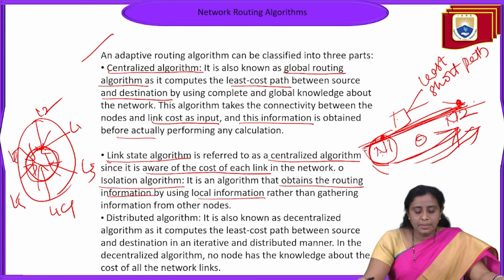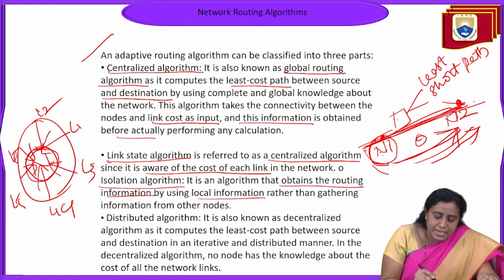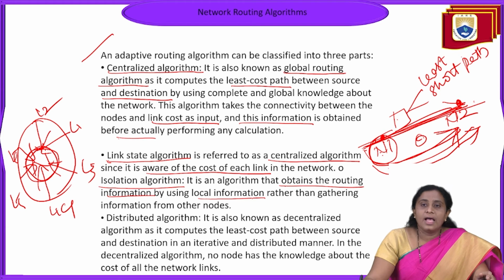So these are nothing but the information regarding the routing and transmission of the packets from one node to another node, determined by means of the isolation algorithm by using local information rather than gathering information from other nodes.